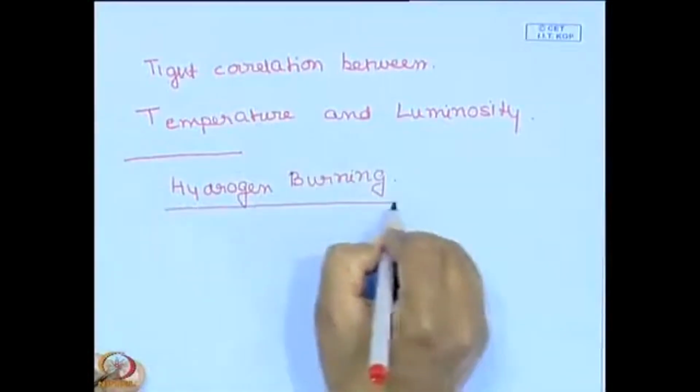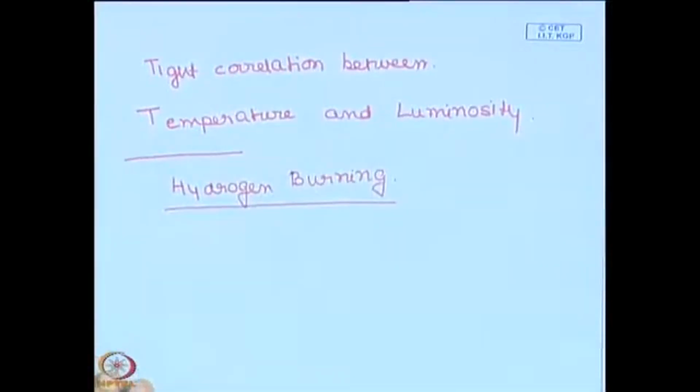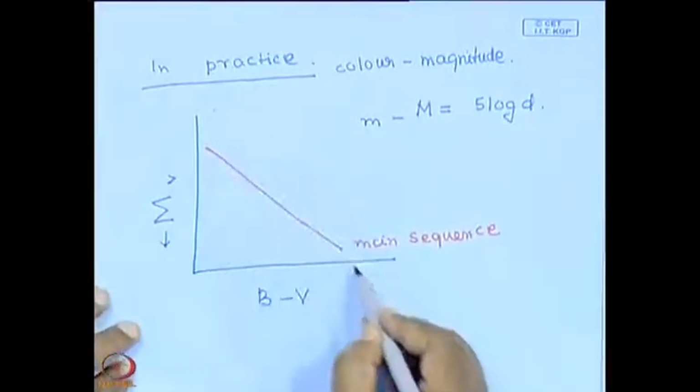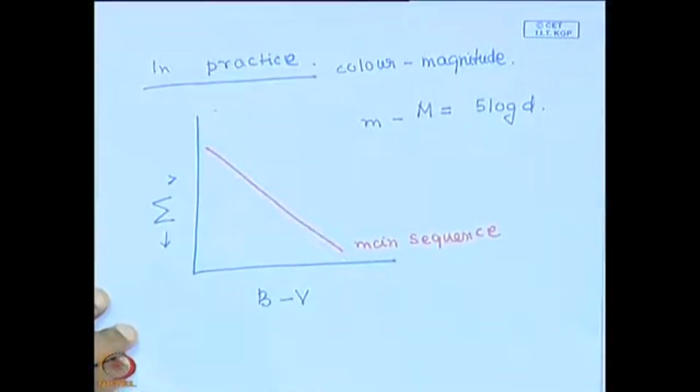All the hydrogen burning stars in the HR diagram lie on a band like this called the main sequence.